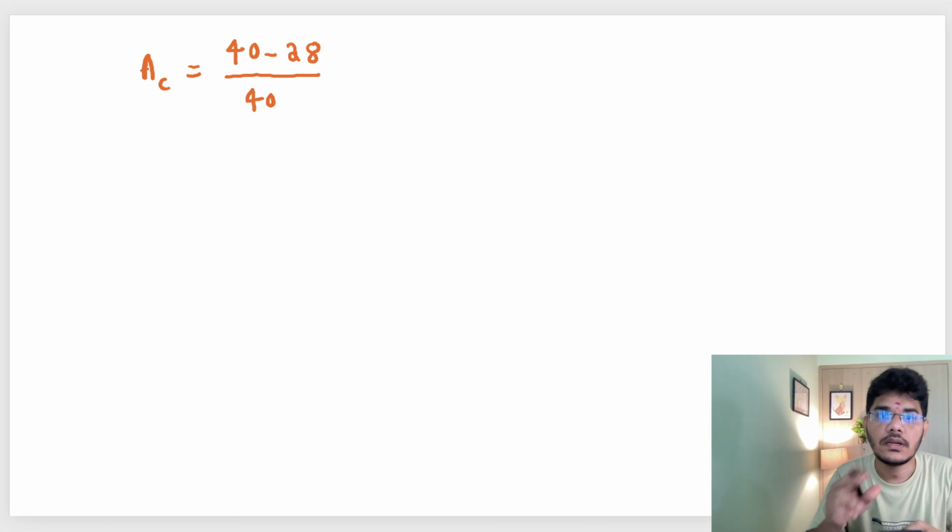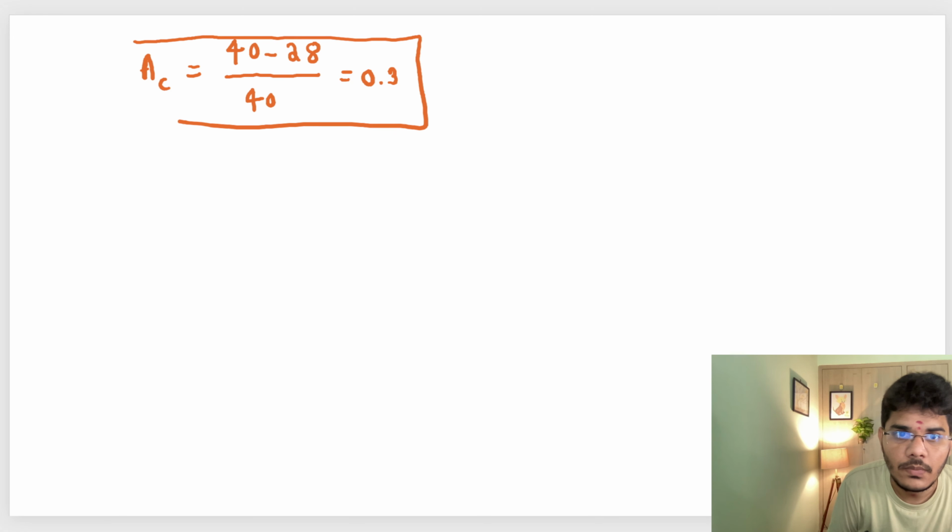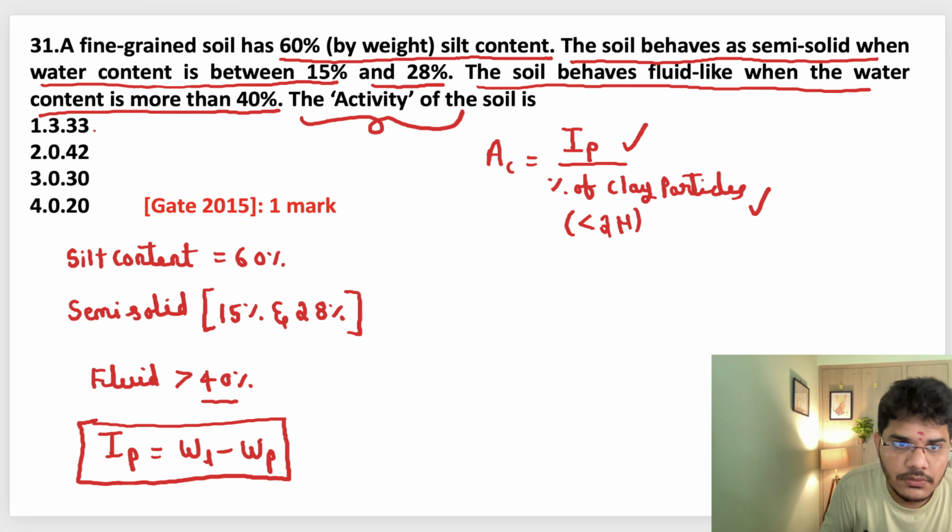So 12 divided by 40. The activity number is found to be 0.3. So the answer will be option C.